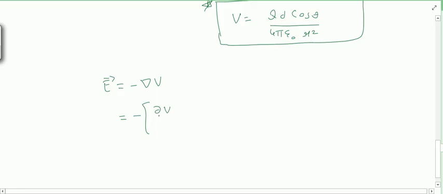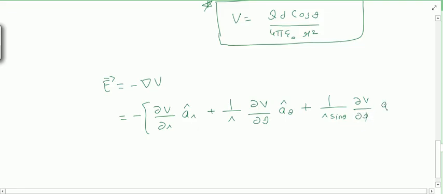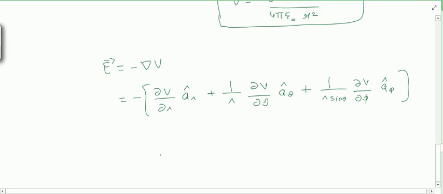It is del V by del r a r cap plus 1 by r del V by del theta a theta cap plus 1 by r sin theta del V by del phi a phi cap. This will be the value of gradient.